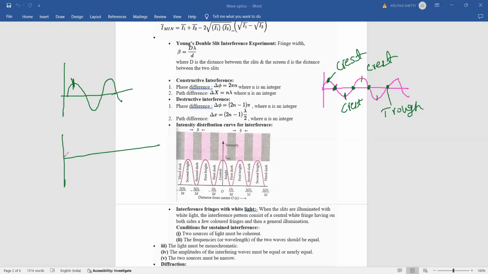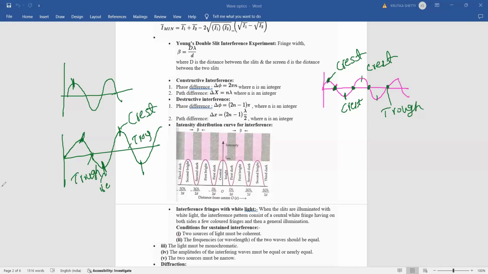Suppose the wave motion starts from here. It goes to some maximum point, returns back, and again goes to the negative side maximum point, and returns back. The same way it continues. So this is a wave. These highest points are called what? Crest. This is also a crest, and here this is called the trough. This is a trough and this is also a trough.